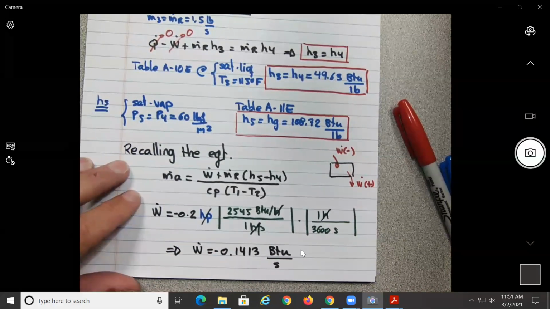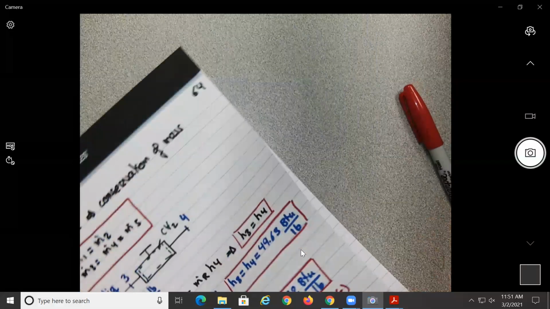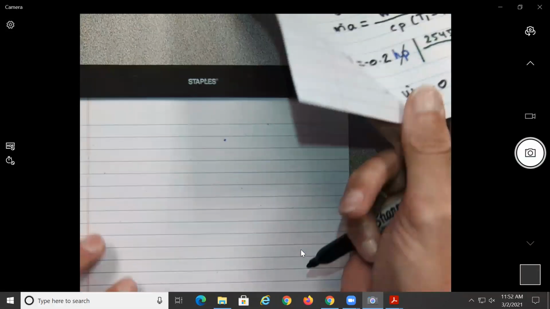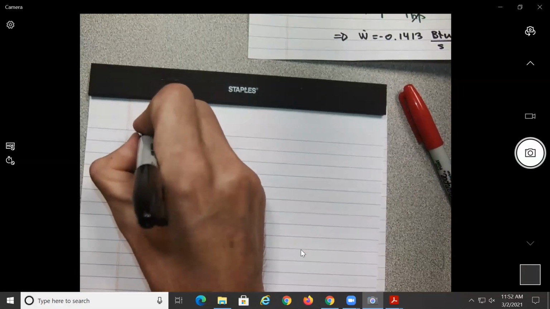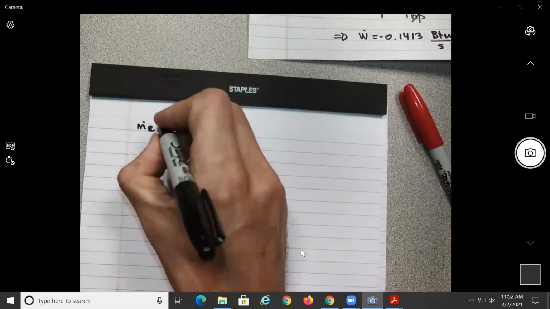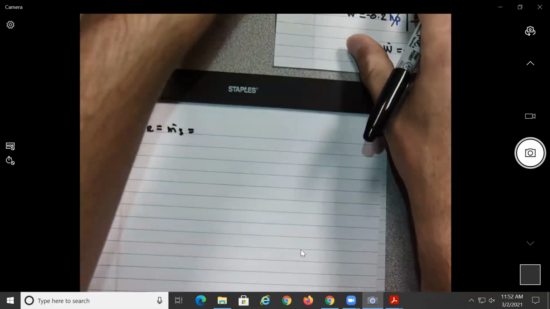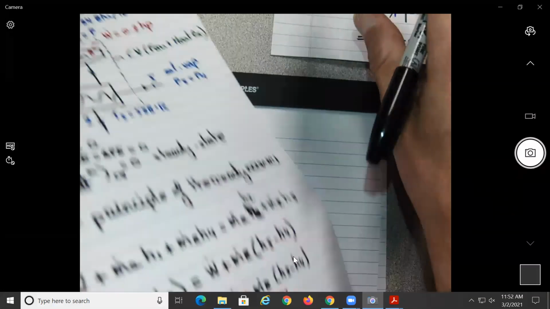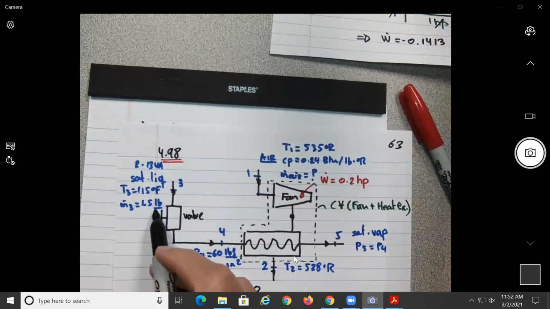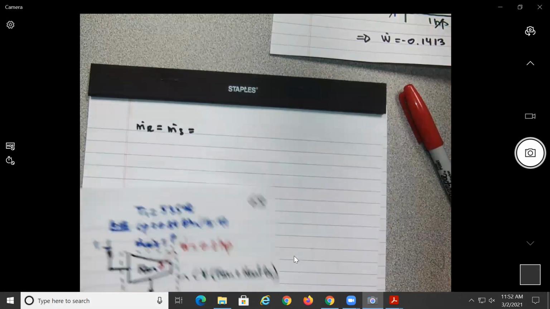What is M sub R? In the problem, M sub R is equal to M dot 3, which was given to us to be equal to 1.5 pounds per second.